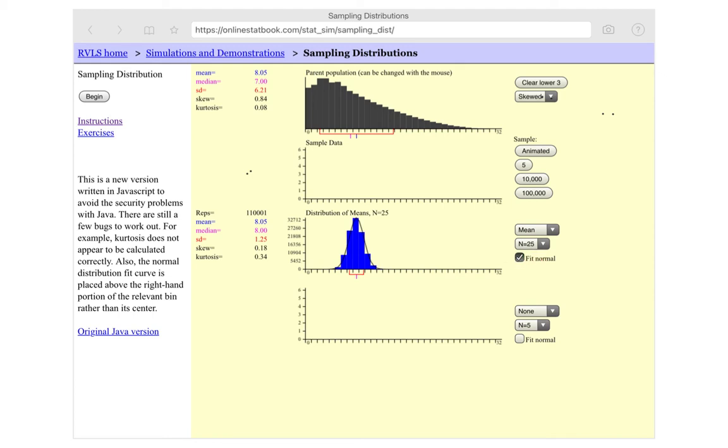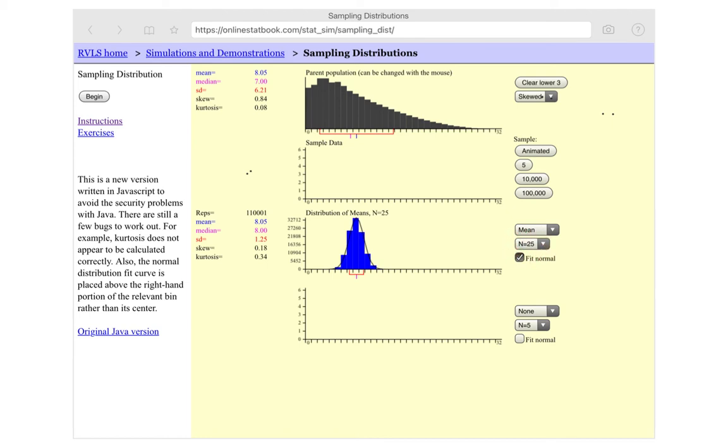And what I'd like you to do is go to this app and play around with it. Determine how the sample size affects the shape of the sampling distribution. Determine how the shape of the population distribution affects the shape of the sampling distribution, especially when you have a small sample.